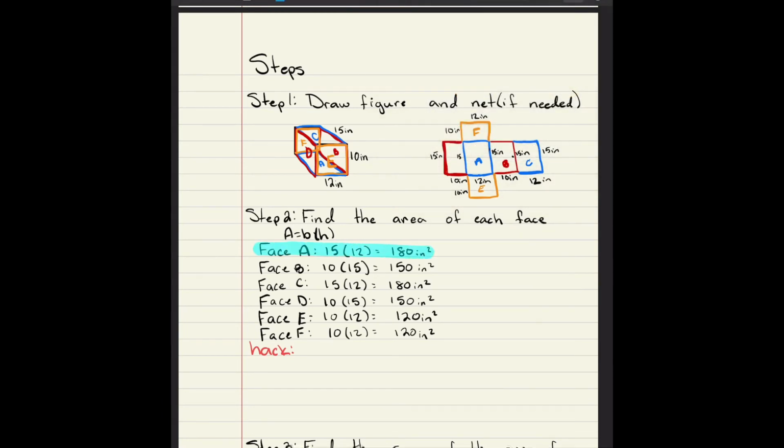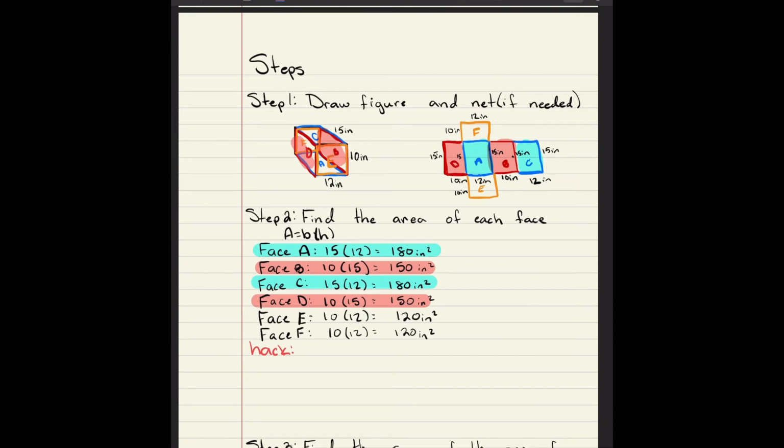Face A and face C have the same dimensions because they are opposing faces. So see how we have face C here and face A there. Next, face B and face D are opposing faces.